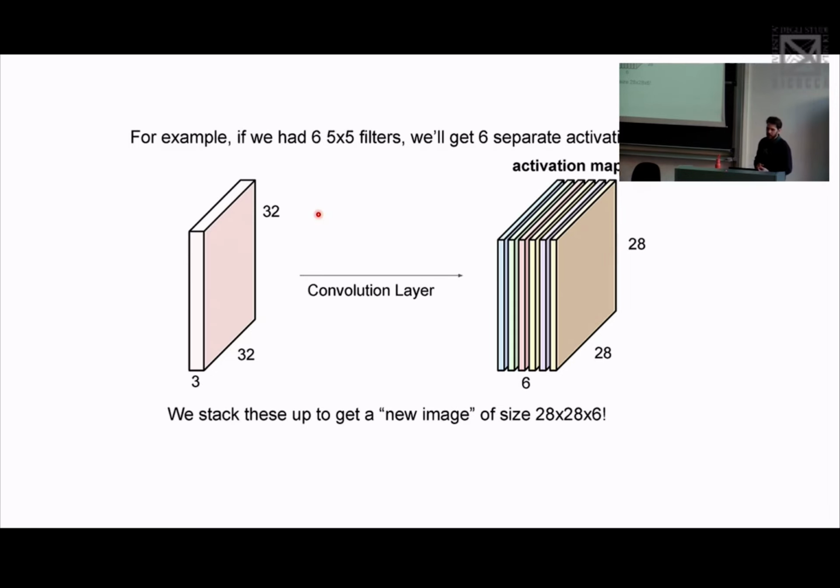That's an arbitrary number, and so in this case, maybe we set 6 5x5 filters. We get 6 output activation maps, and we go from a 32 by 32 by 3 to a 28 by 28 by 6. The total number of parameters multiplies by 6.